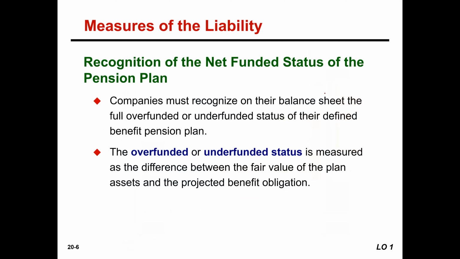All right, so measures of the liability: recognition of the net funded status of the pension plan. Companies must recognize on their balance sheet the full overfunded or underfunded status of their defined benefit pension plan. The overfunded or underfunded status is measured as the difference between the fair value of the plan assets and the projected benefit obligation.